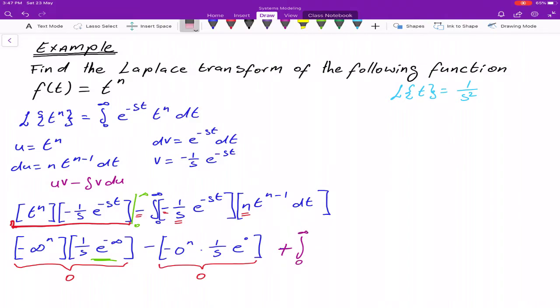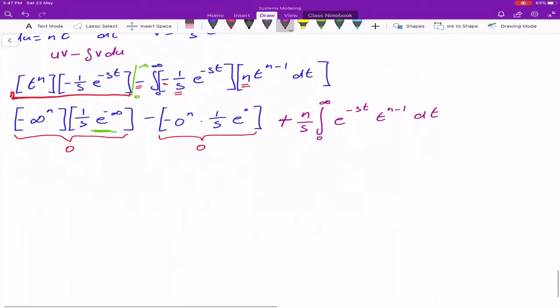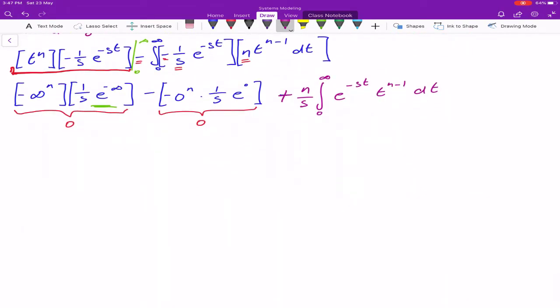We said we were going to pull out the constants, so we have n over s times the integral between 0 and infinity of e to the minus st times t to the n minus 1 dt. Let me create enough space to write.